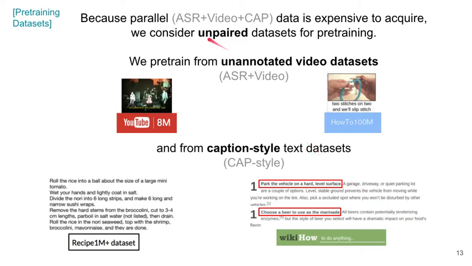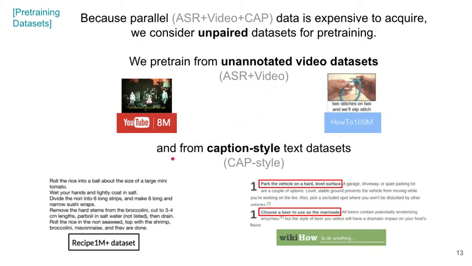Because parallel data, so the two datasets we saw had ASR, video and caption, those datasets are expensive to acquire. They require expensive annotations. We also consider unpaired datasets for pre-training. So we consider those datasets, YouTube 8 million and How-To 100 million, for pre-training on the ASR plus video type.